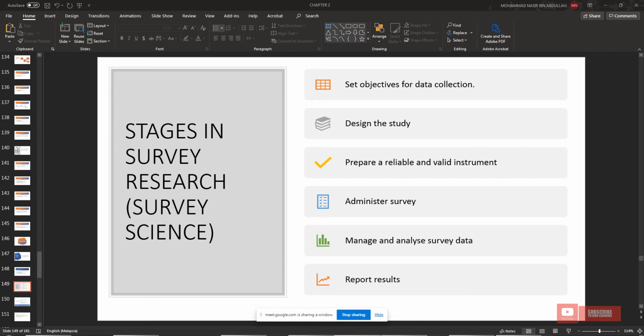So I have several data collection methods that I can employ that are suitable to my target respondent. And then once I get the data, I need to manage and analyze the survey data and report the result. So these are the stages in survey research, right?